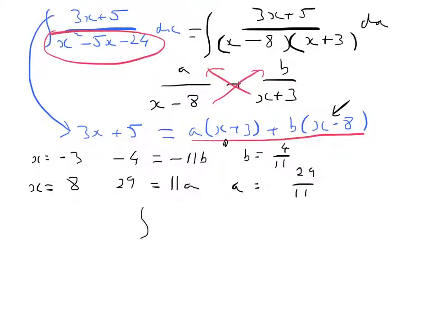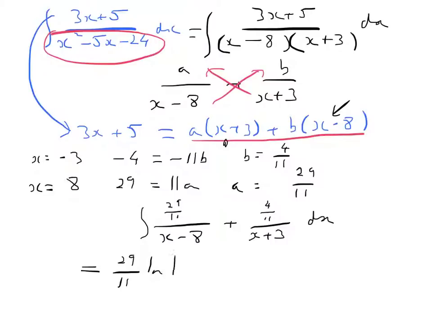So our actual integral will become 29 over 11 over x minus 8 and 4 over 11 over x plus 3 dx. And as we've said before, let's go with logs. 29 over 11 log of x minus 8 and 4 over 11 log of x plus 3 plus my constant.